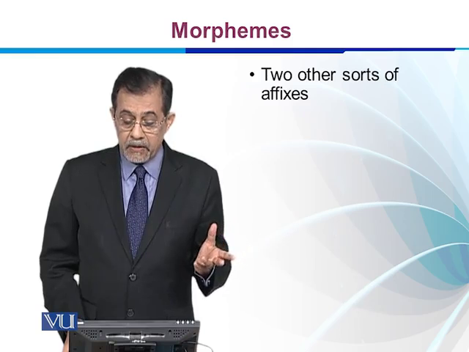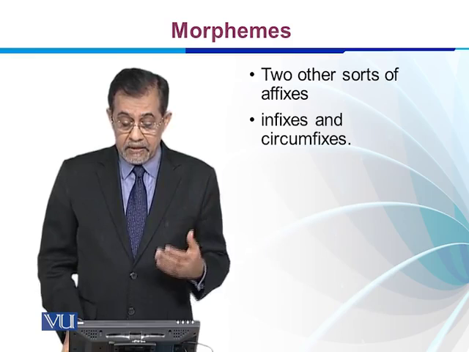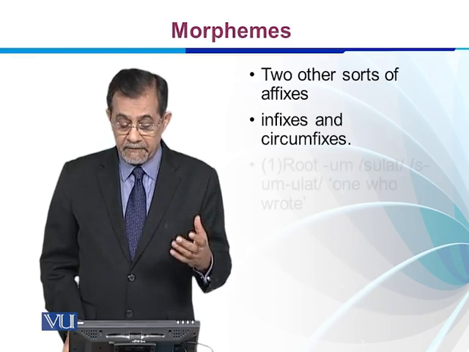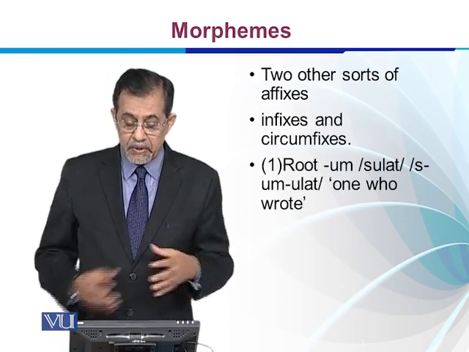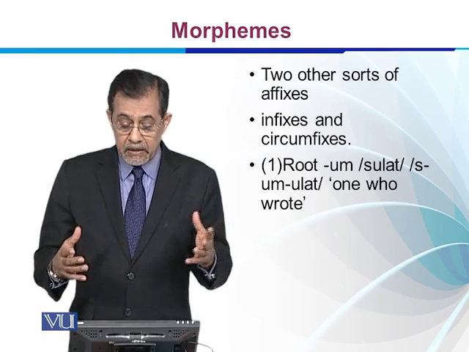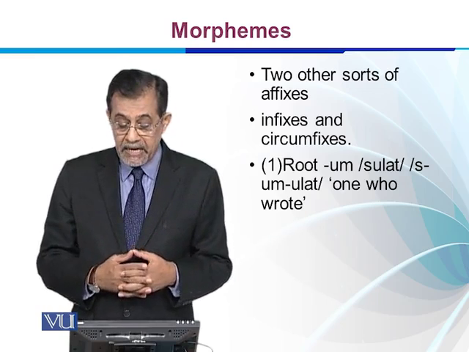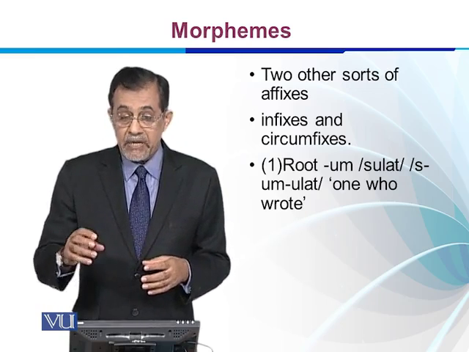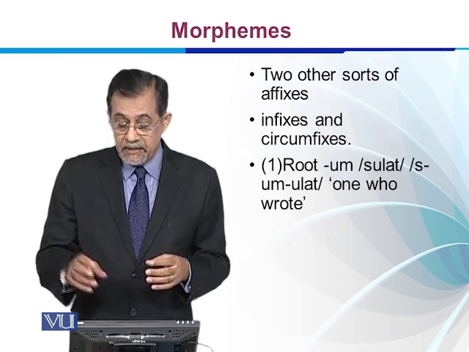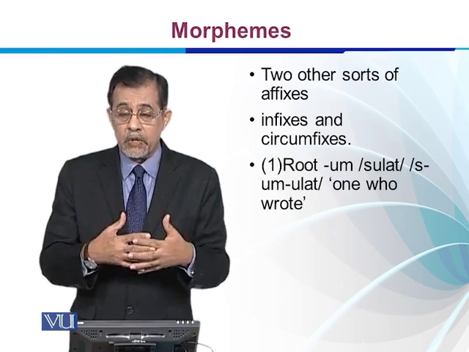The two other sorts of affixes are infixes and circumfixes. For example, let's take the language Tagalog, in which we have a root, the word sulat, right? An infix is put into the word.